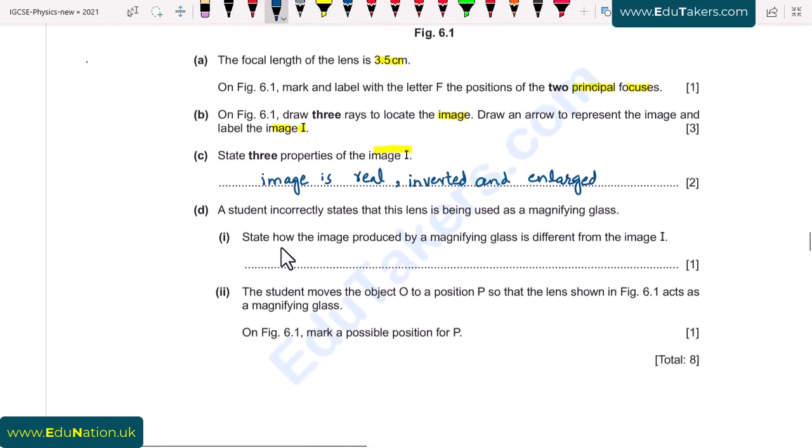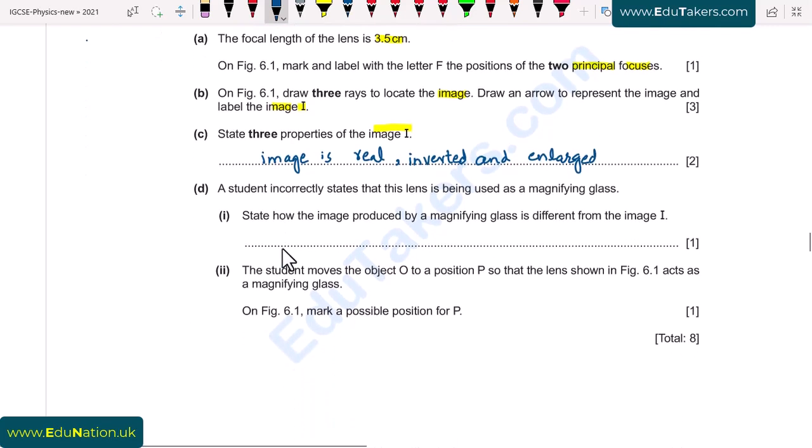Part D. A student incorrectly states that this lens is being used as a magnifying glass. So this lens is used as a magnifying glass, one student said. Part 1. State how the image produced by a magnifying glass is different from the image I. First of all, we have to know which image is formed by the magnifying glass.